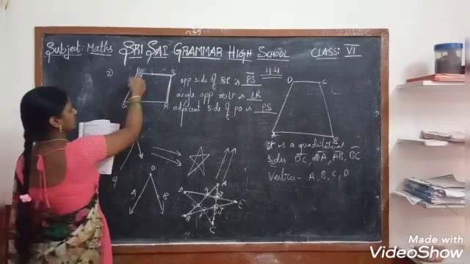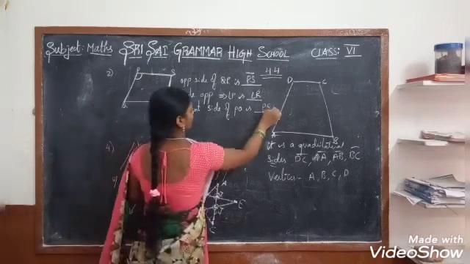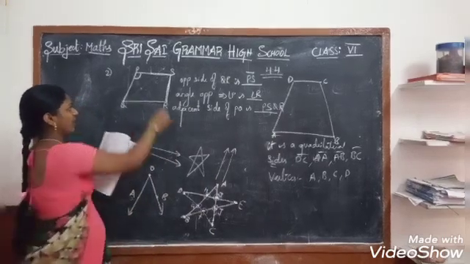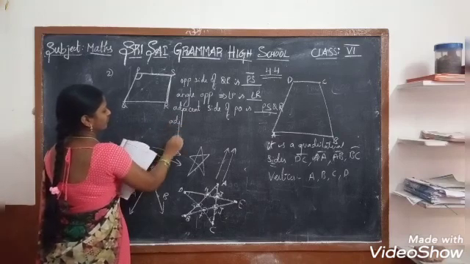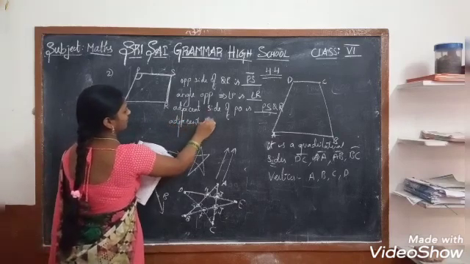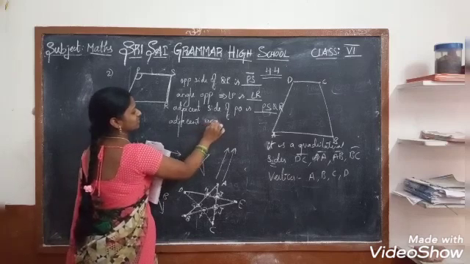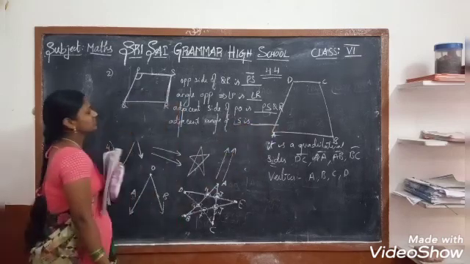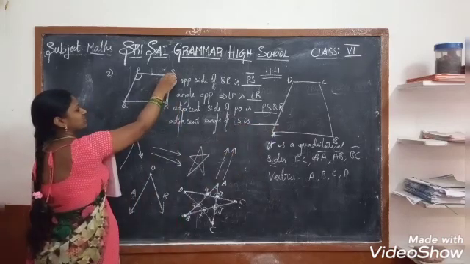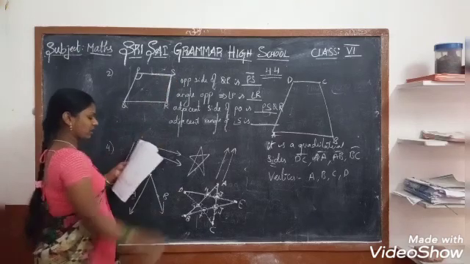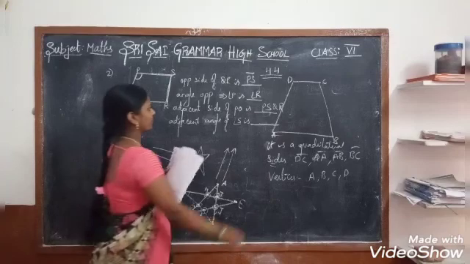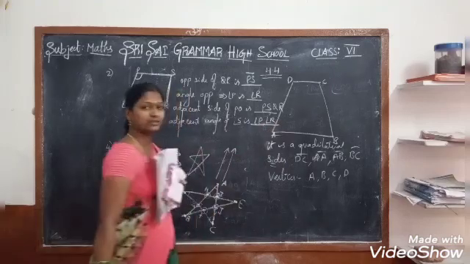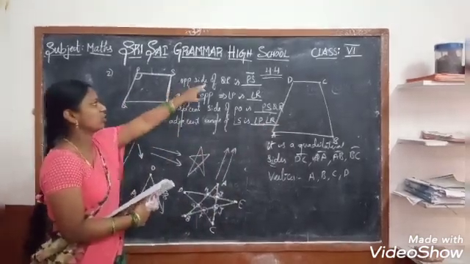No? PS and QR. Then the adjacent angles of angle S. This is the angle S, and the adjacent angles are angle P and angle R. Yes, these are the opposite side of QR.